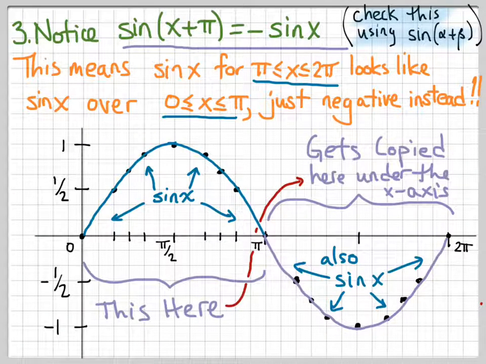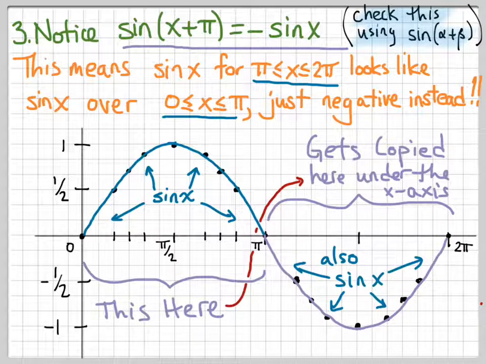Well, if you calculate sine of x plus pi, it's the same as negative sine of x. So we just calculated all the values from 0 to pi. If we want to calculate the values from pi to 2 pi, they're just going to be the opposite of the values from 0 to pi.